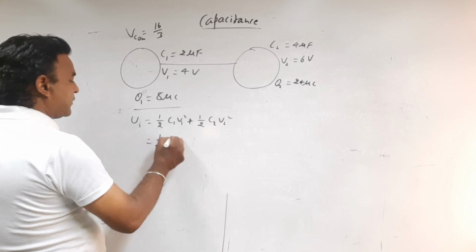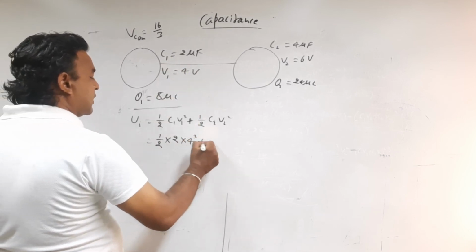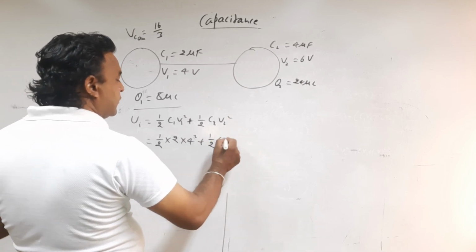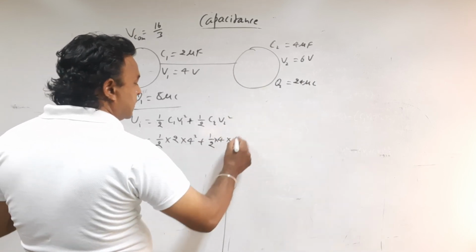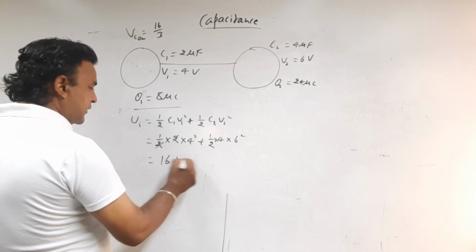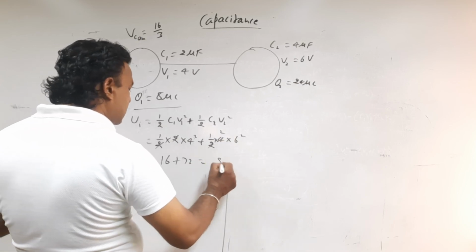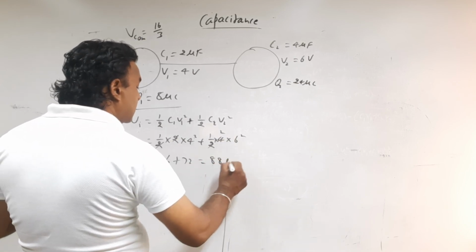It is half of 2 microfarad into 4 square plus half of 4 microfarad into 6 square. This all energy will be in microjoules, of course. 16 plus 72, 88 microjoule.